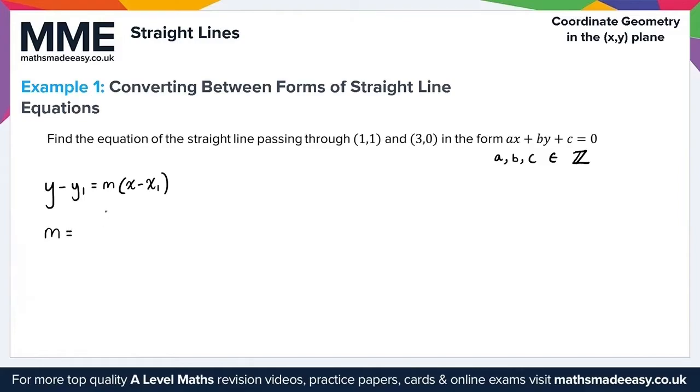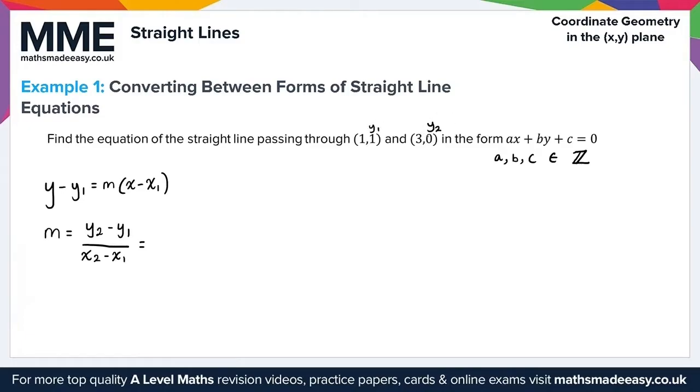And to work out m, what we simply do then is y2 minus y1 divided by x2 minus x1. And here, it doesn't matter which of the two you would label y2 and which y1. I'm simply going to label this one as y2, and that would be y1.